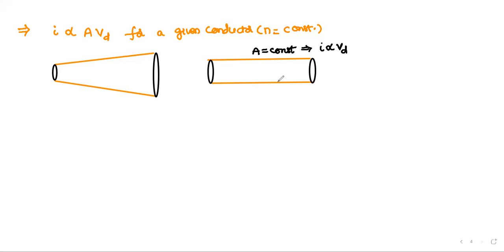But here, to send current, it won't flow directly. To send the current through a conductor, we have to maintain some potential difference. That is compulsory. So between these two points, I am trying to maintain some potential difference.